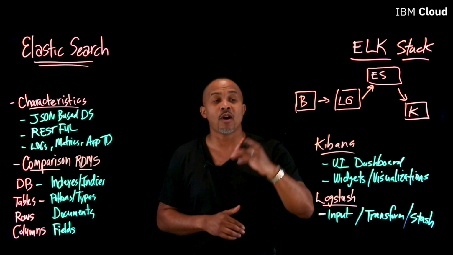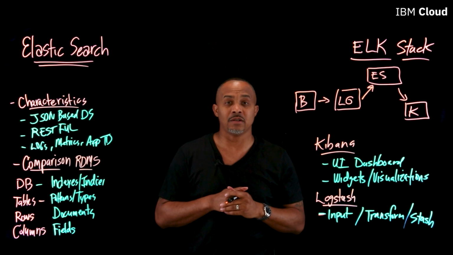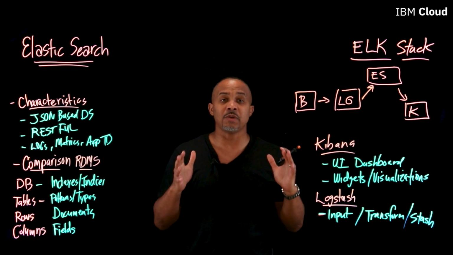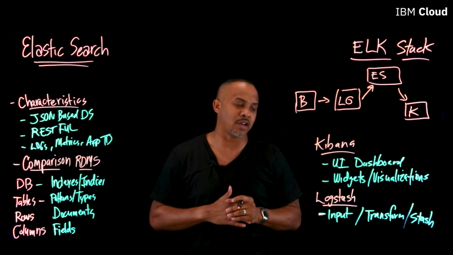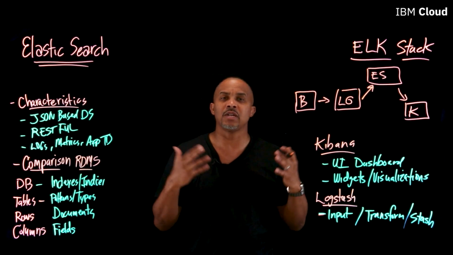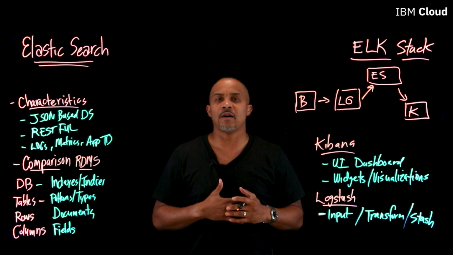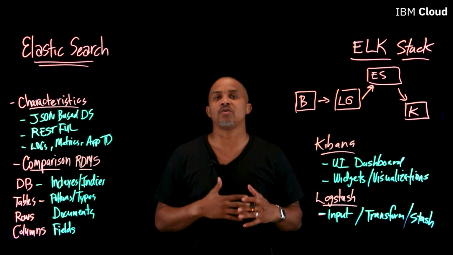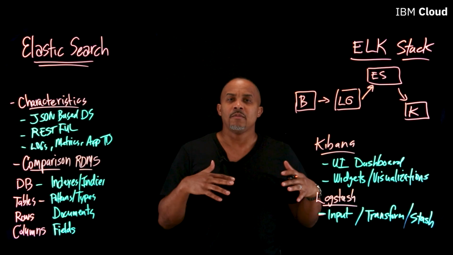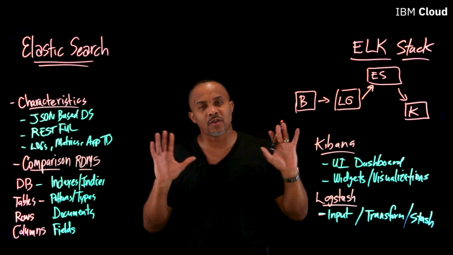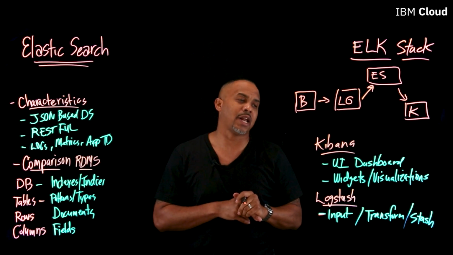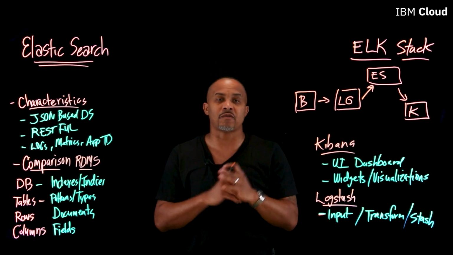Now, we mentioned the part beats that were here. Unlike the headphones, these beats are set up to be kind of agents on different servers. So say you have something maybe in serverless, or you have some files that you want to do, or maybe something on Windows server. So it's kind of a complementary component that's very Logstash in nature, but it has plugins to many different other services.